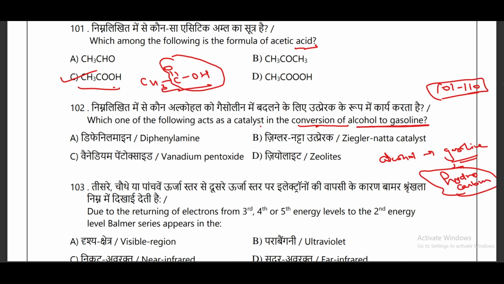Okay, so zeolites, actually these are microporous aluminosilicate minerals.